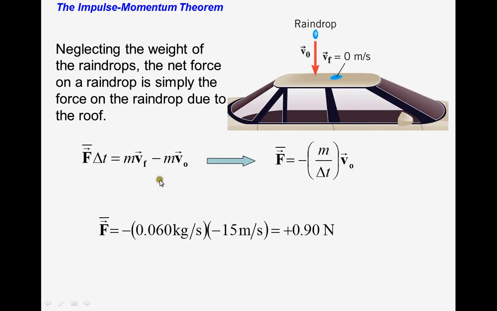So if we say change in time is in the denominator here, well, kilograms per second puts time in the denominator. Then we have mass times velocity with time. This is the impulse. And so if we divide both sides by time, then we figure out that the average force is 0.9 newtons.